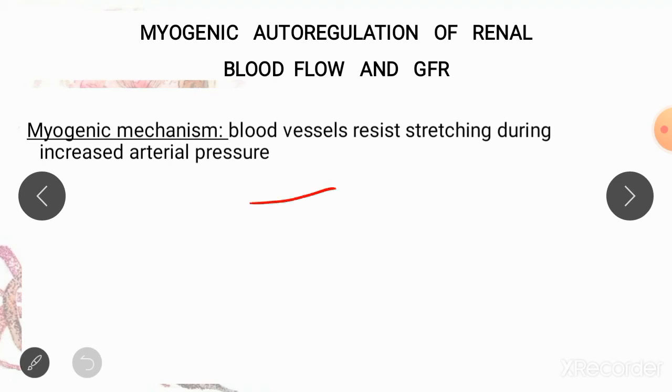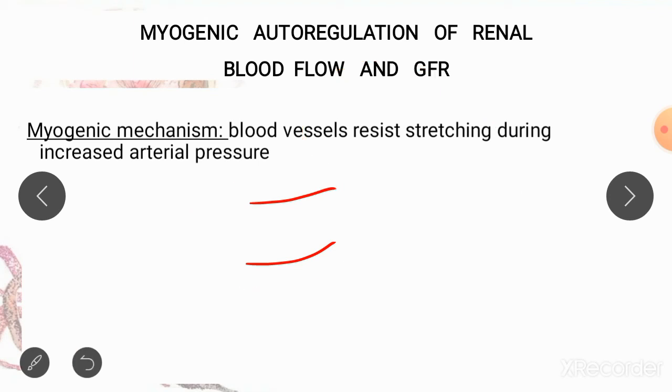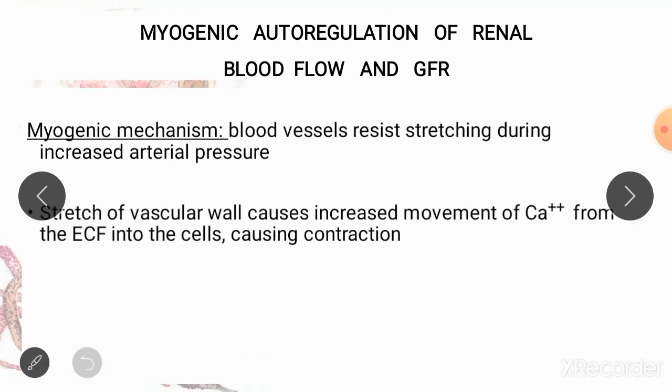Suppose this is a renal artery which is entering the kidney, and whenever there is increased blood pressure, there is going to be a stretch of this renal artery vessel wall, and like all smooth muscle cells, this renal artery is going to resist being stretched by the raised blood pressure, and it is going to try to contract. This is what happens whenever the vessel wall is stretched. As a reflex movement, it always contracts.